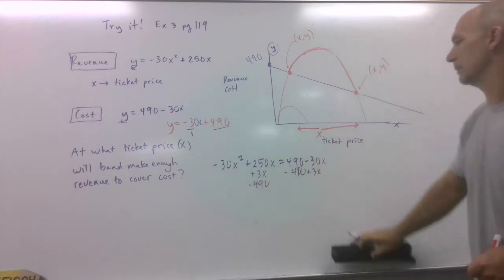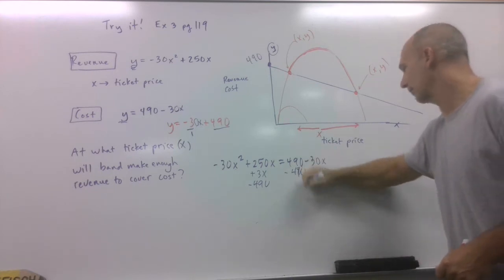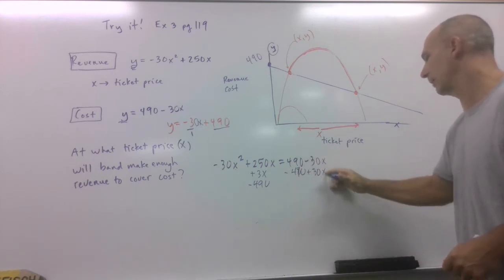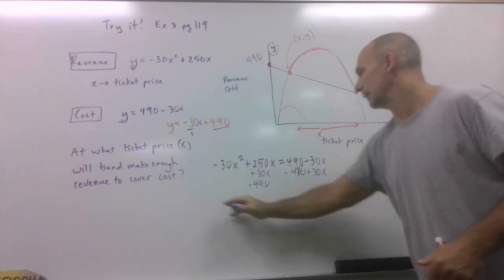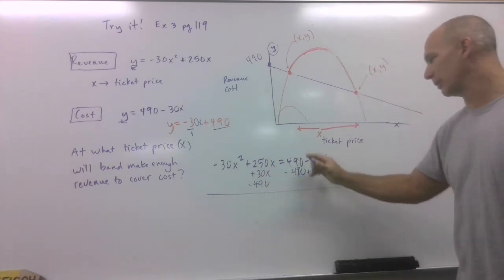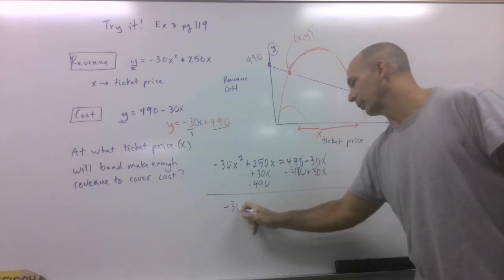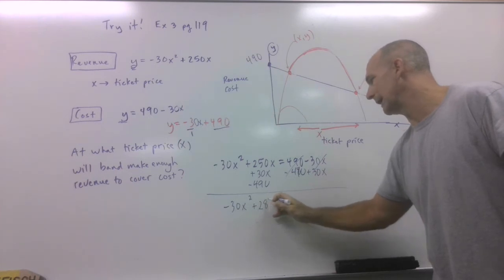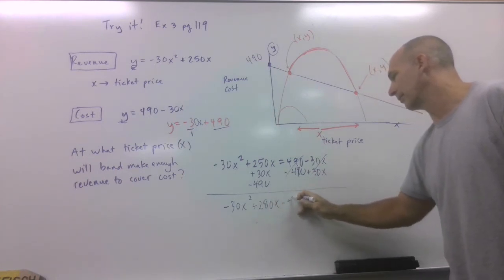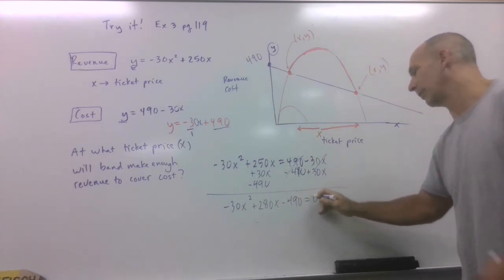So that means I add 30x here, I add 30x here, and now things should be okay. So negative 30x squared, this and this would make 280x minus 490 equals 0.